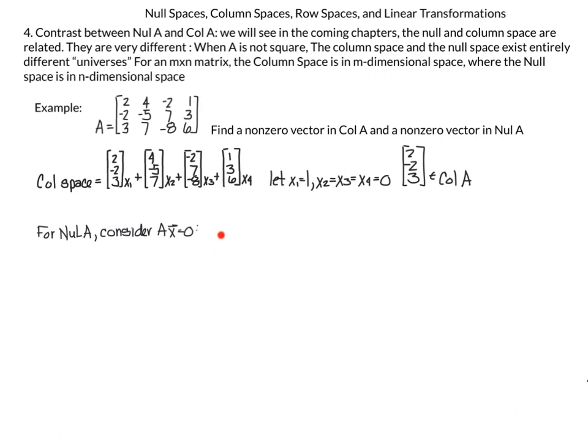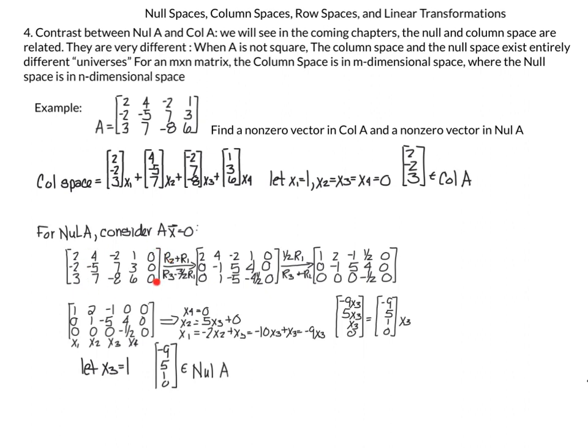We need to consider Ax equals 0, which means we need to look at the augmented matrix. Here I have the augmented matrix, which I row reduced until I got x4 equals 0, x2 equal to x3, and x1 equal to -9x3. So x3 is free.